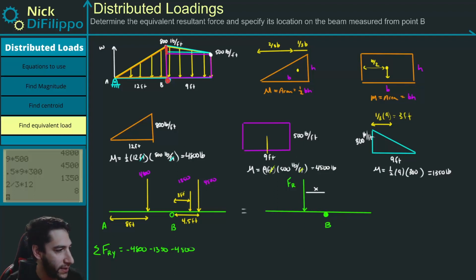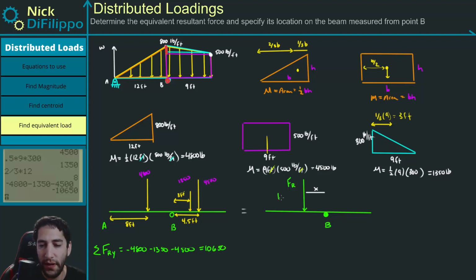So let's add those together: 4,800 plus 4,500 plus 1,350 is equal to 10,650. So we know this force right here needs to be 10,650. But now we need to figure out how far away this force occurs from B.